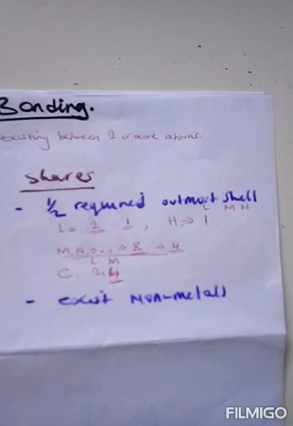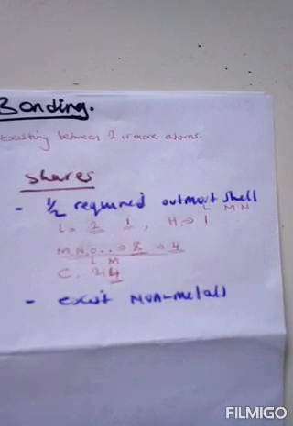Nonmetals are usually those elements in the periodic table found in group 5, 6, 7, and 8. So let's say, for instance, you have nonmetals such as oxygen and chlorine. Oxygen is in group 6 and chlorine is in group 7. So if they wanted to form a bond, none of them can lose nor gain. But what they would rather do is share their electrons.